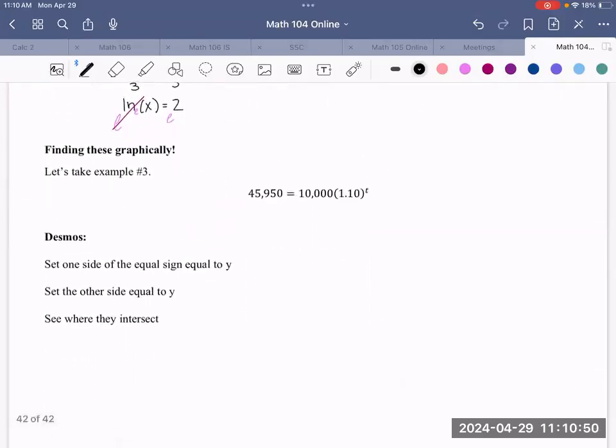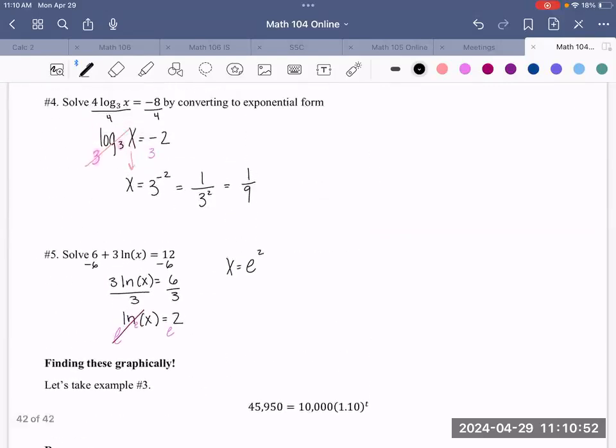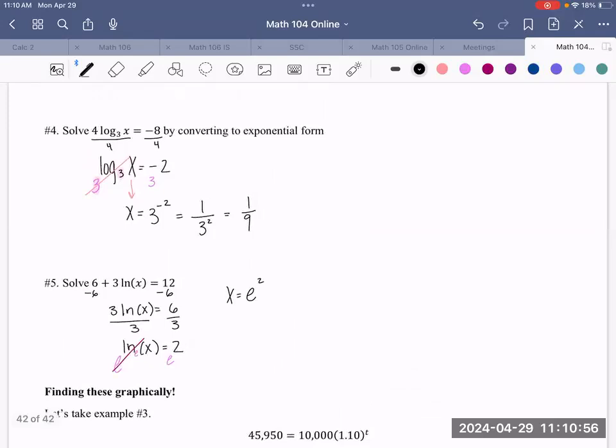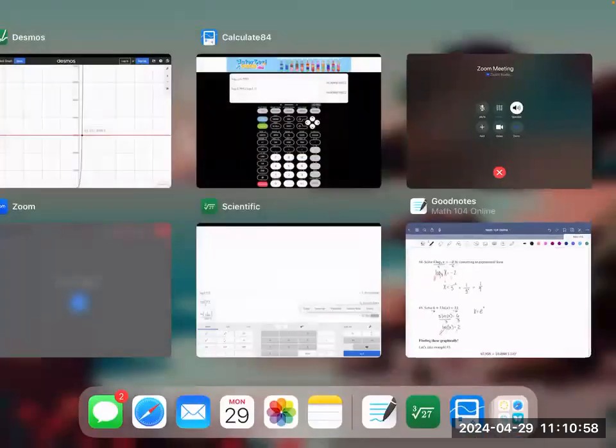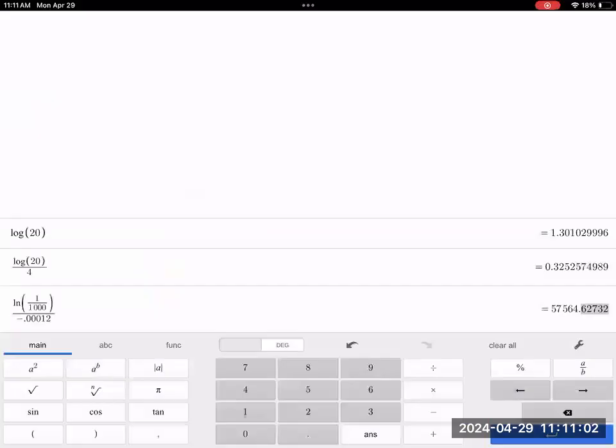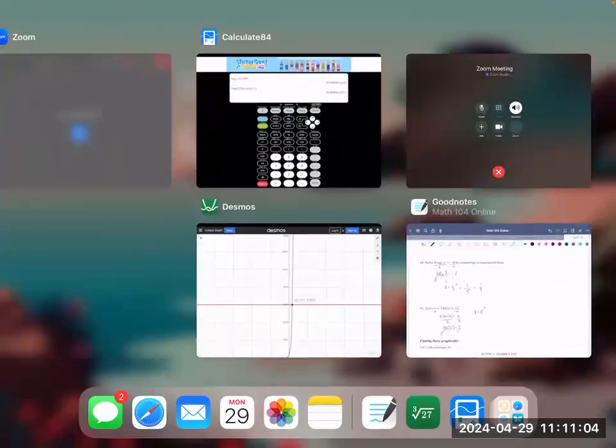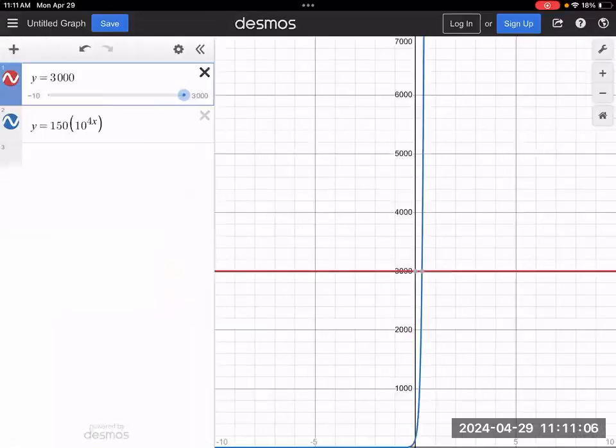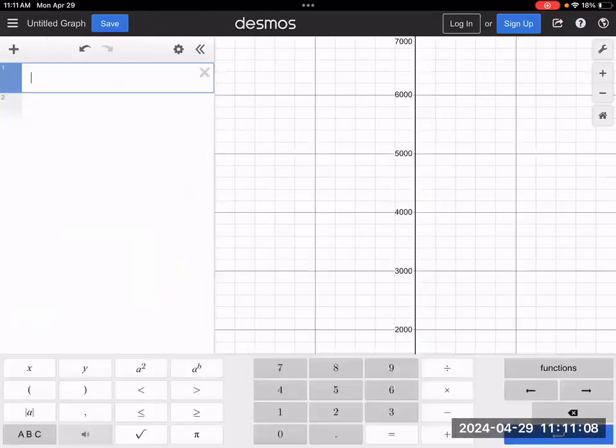We already talked about doing it graphically. I'll show you graphically over here. Let's take number 4. We have 4 log 3 of x. And then we'll have to do the change of base.